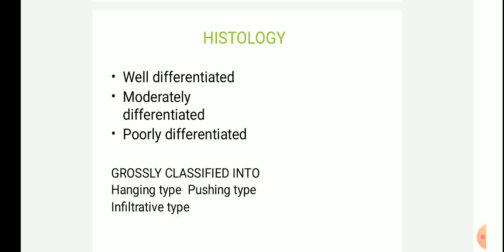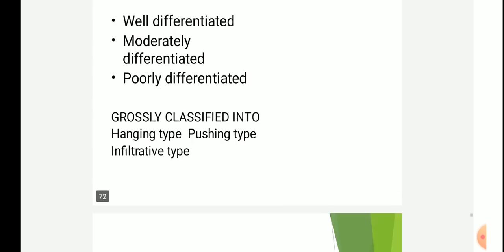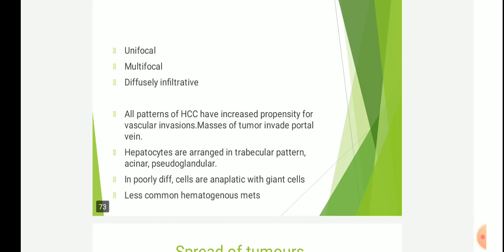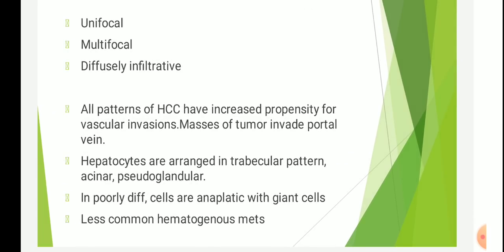Histology: well differentiated, moderately differentiated, poorly differentiated. Grossly classified into hanging type, pushing type, infiltrative type. It could be unifocal, multifocal, or diffusely infiltrative. All patterns of HCC have an increased propensity for vascular invasion, so masses of tumor invade portal veins.